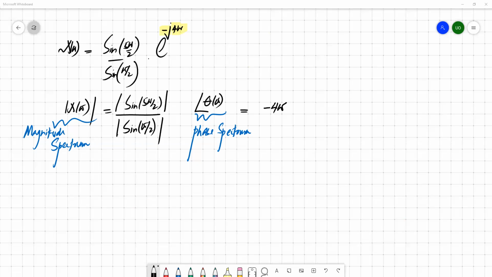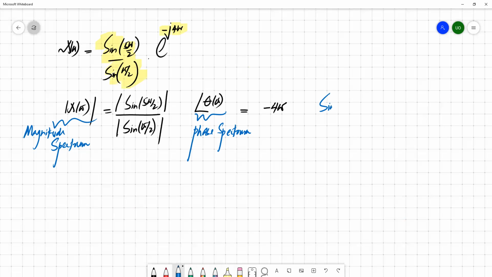And again, keep in mind, we have two quantities. This is the general phase, assuming that this block is always positive.